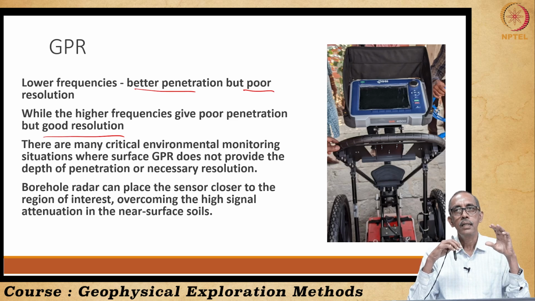This is the lacuna of the GPR method, especially to understand near surface man-made objects. It is very vital. This method is very useful wherein we use a high frequency antenna, we get a high resolution shallow image, shallow up to 2-3 meters, right.